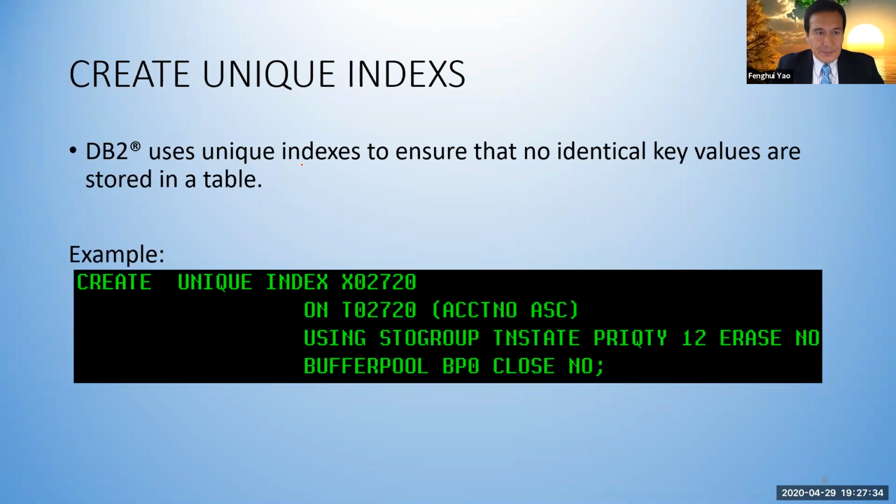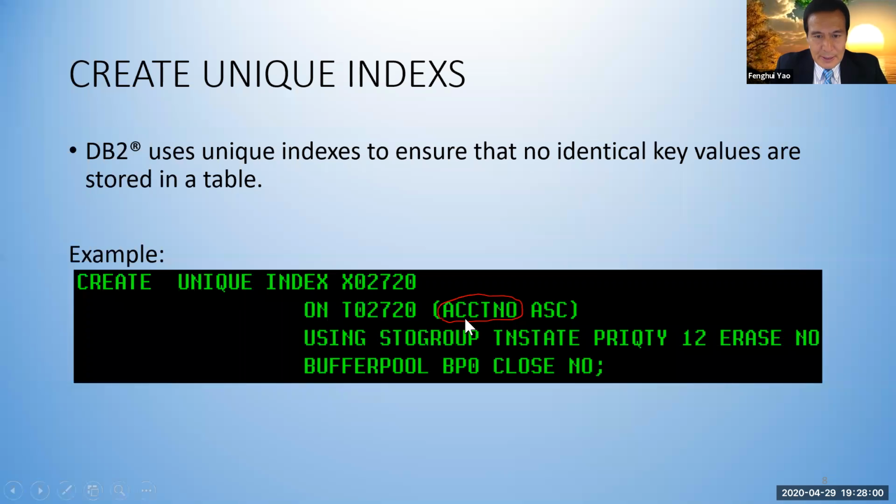All right, next, create unique indexes. DB2 uses unique indexes to ensure that no identical key values are stored in the table. In this example, this account number is the unique index.